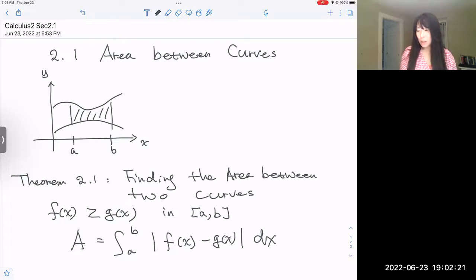All right, so your book is really nice because your book has the absolute value. That means it doesn't matter if we subtract top minus bottom or bottom minus top, right?